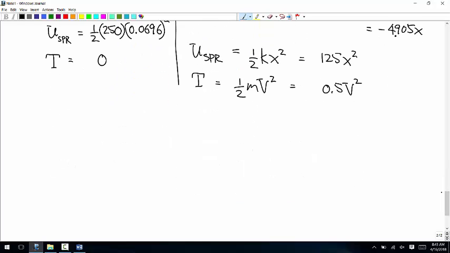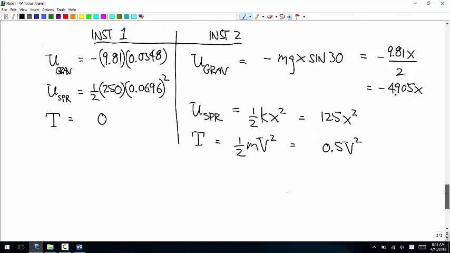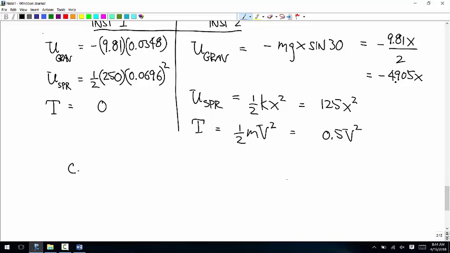And now you can put this all together. So conservation of mechanical energy. What's 9.81 times 0.0348? Negative 0.03414. And what's the other potential energy at instant 1?